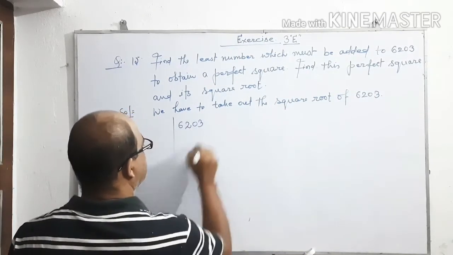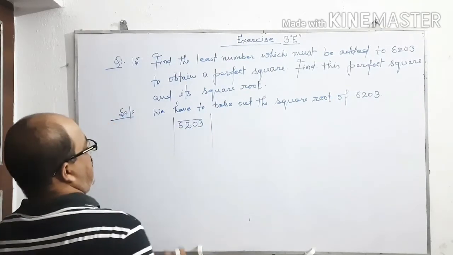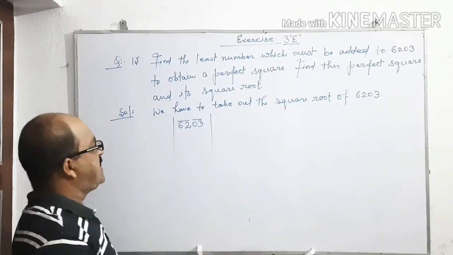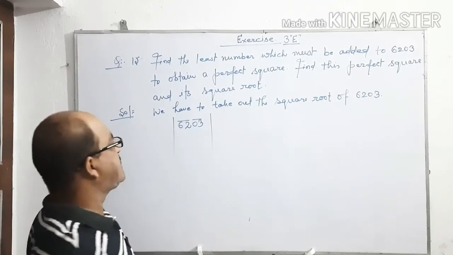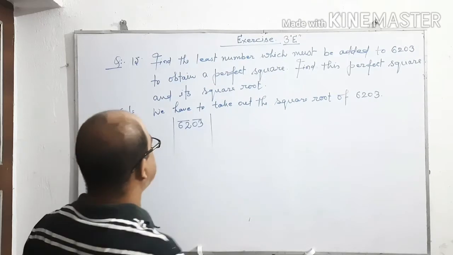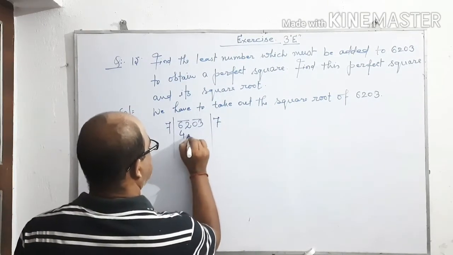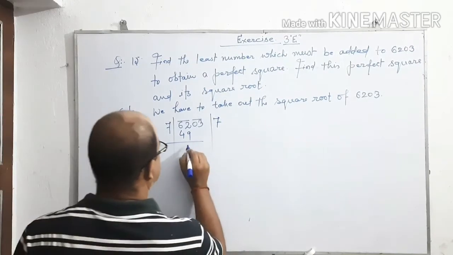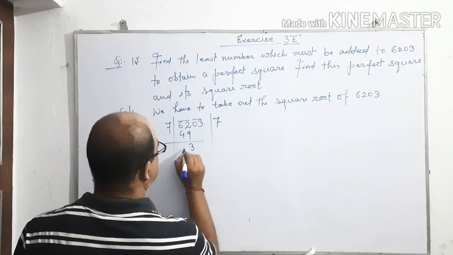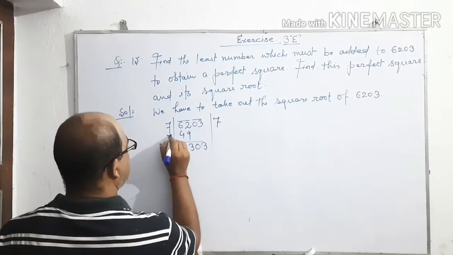Write it here and make pairs from the unit place. 5 fives are 25, 6 sixes are 36, 7 sevens are 49 and 8 eights are 64. 64 is greater than 62, so 7 sevens are 49. 12 minus 9 is equal to 3 and 5 minus 4 is equal to 1. 03 will be noted down here.